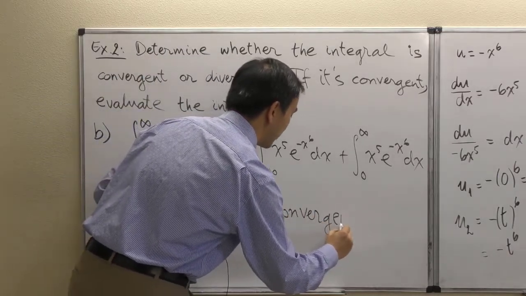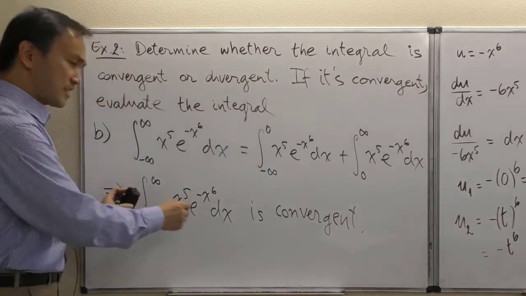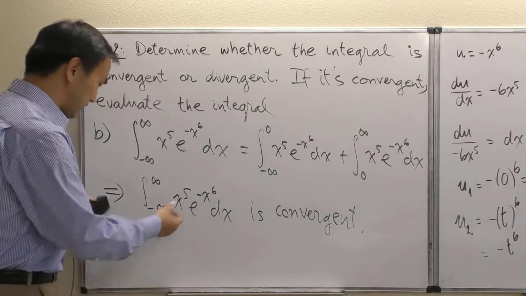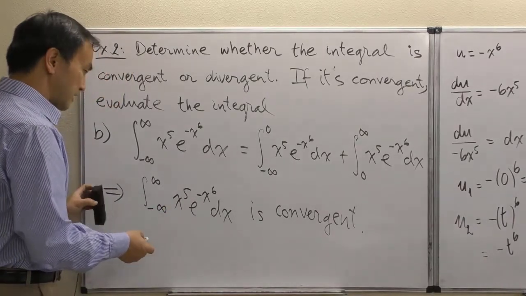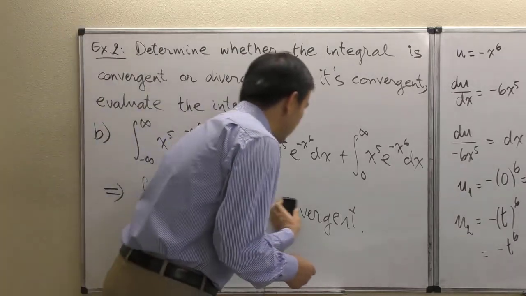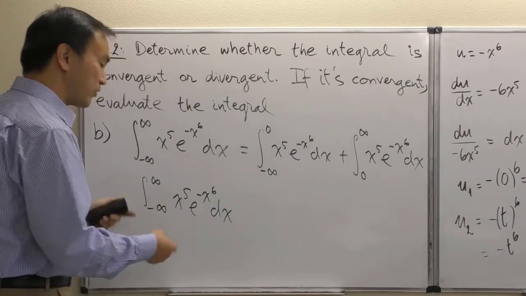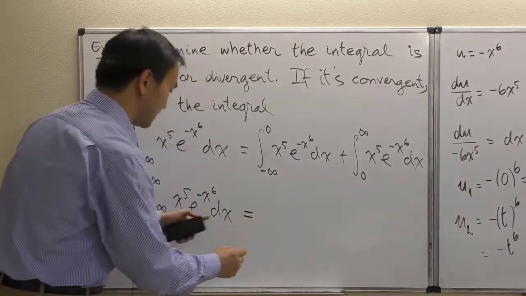And now according to the way the problem is saying, once we know it's convergent, then the next step, so I'm short of space, so I'll have to erase this line. But once we know that it's convergent, then the step to really evaluate that is to add up the two answers.